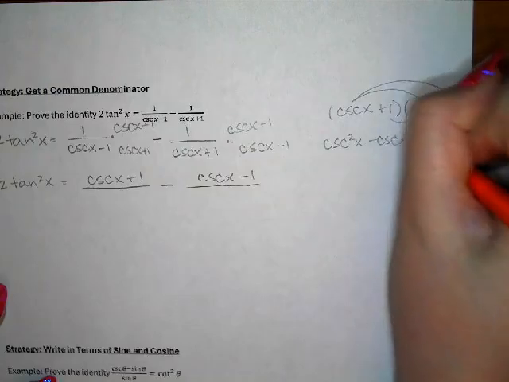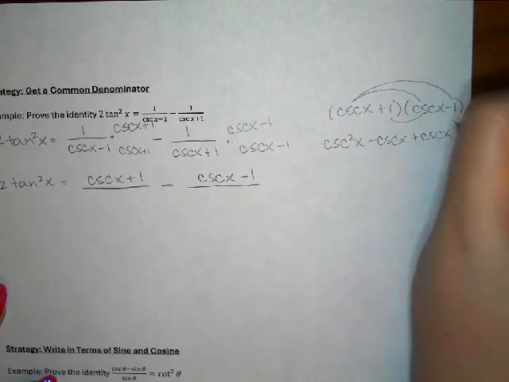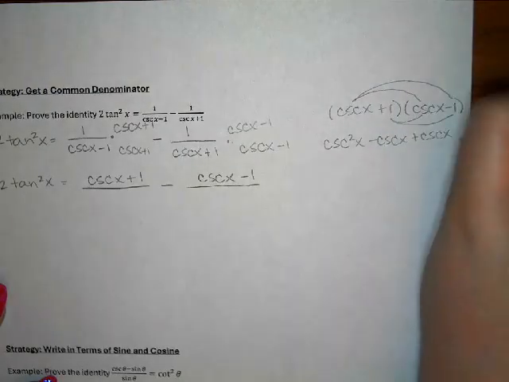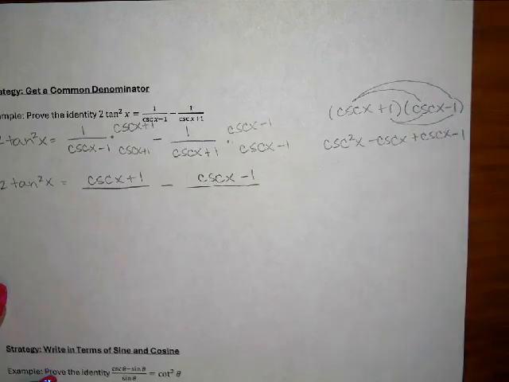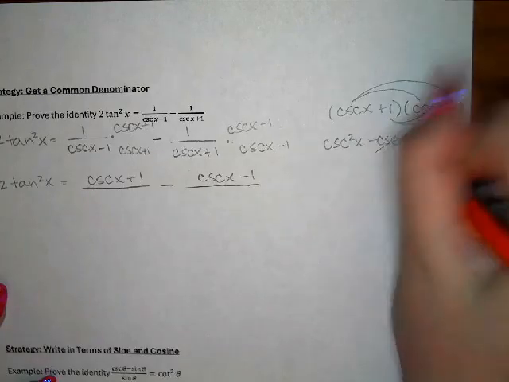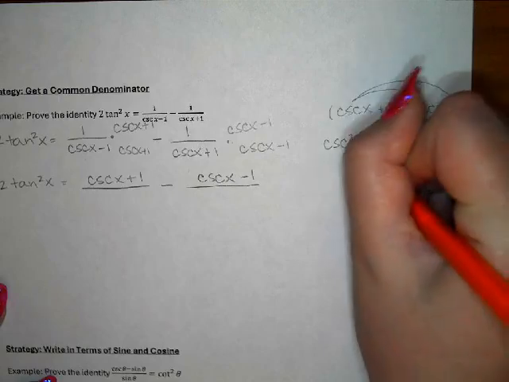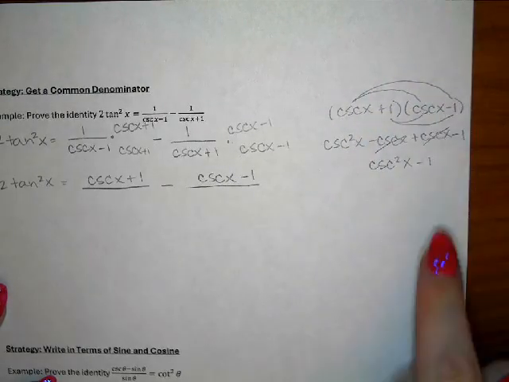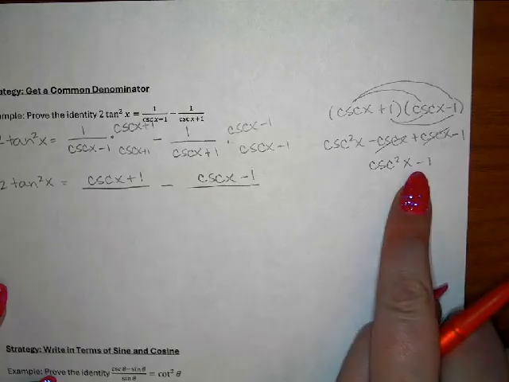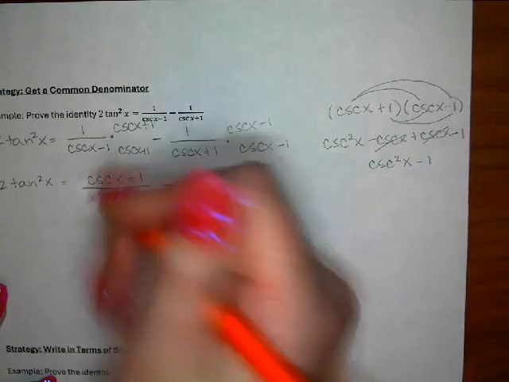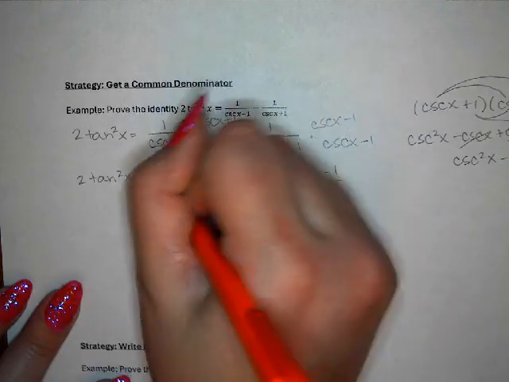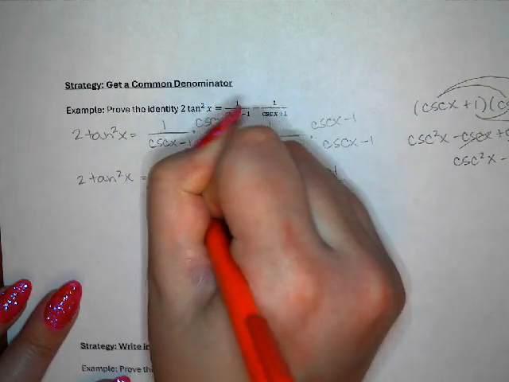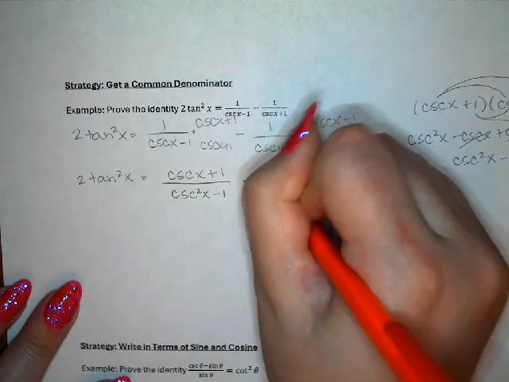And then negative 1 and positive 1 multiplied gives me negative 1. So this is cosecant squared minus 1. And this is the denominator for each of those fractions. So I have cosecant squared minus 1, cosecant squared minus 1.